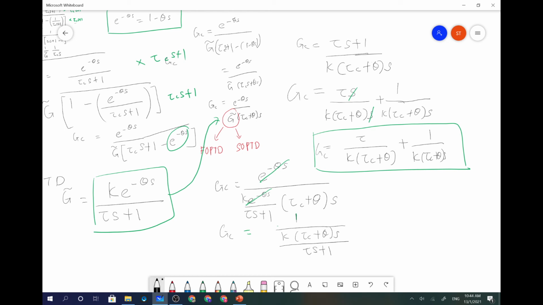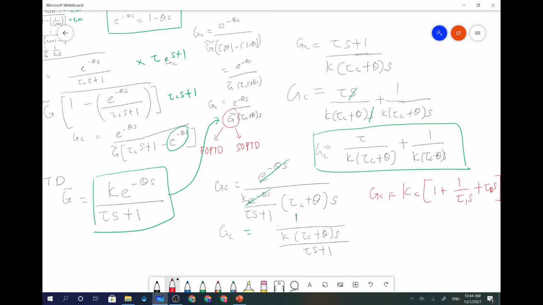You have to compare with a standard transfer function of controller, which is GC equal to KC times 1 plus 1 over tau I S plus tau D S. You have to compare with this one.